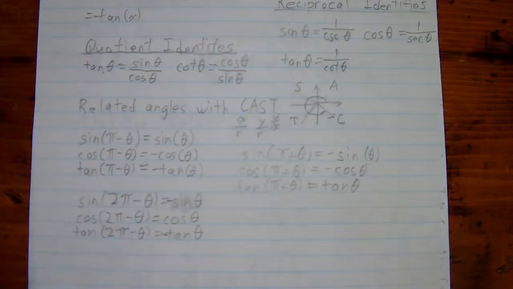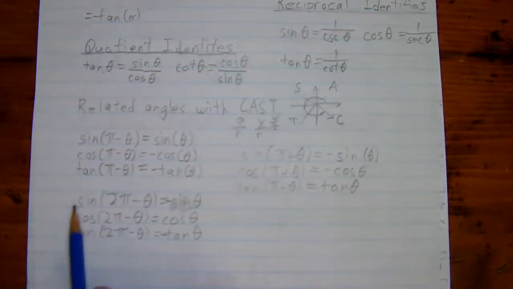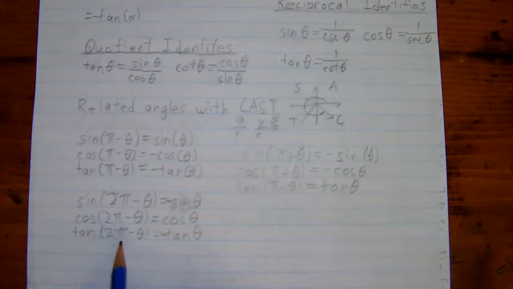You heard me talk about them as based on transformations. And I just want to give you a quick example of what I mean by that, because it shows a whole different way to prove these. So 2 pi is the period of sine and cosine, and it's twice the period of tan.